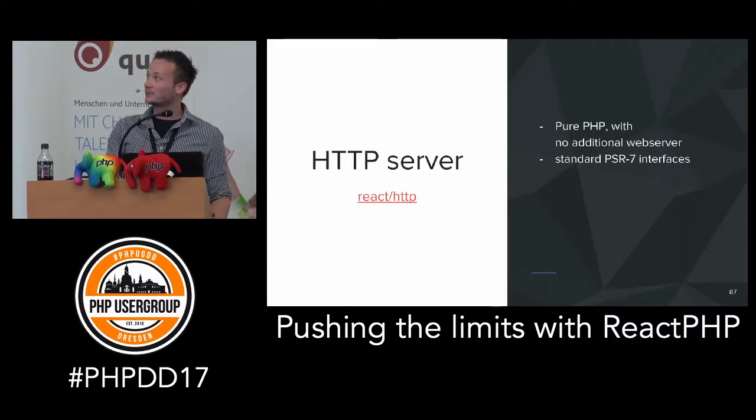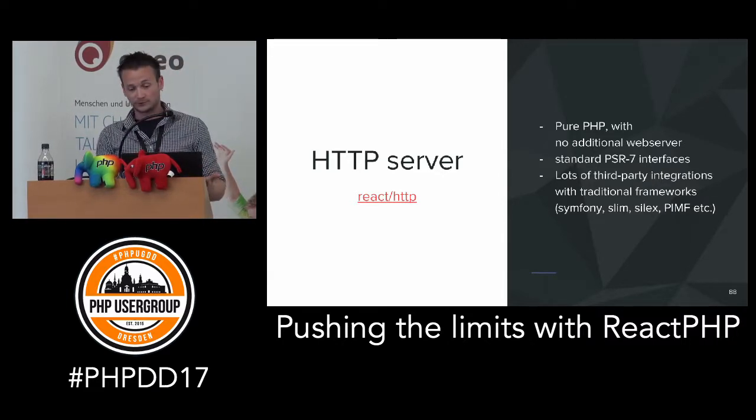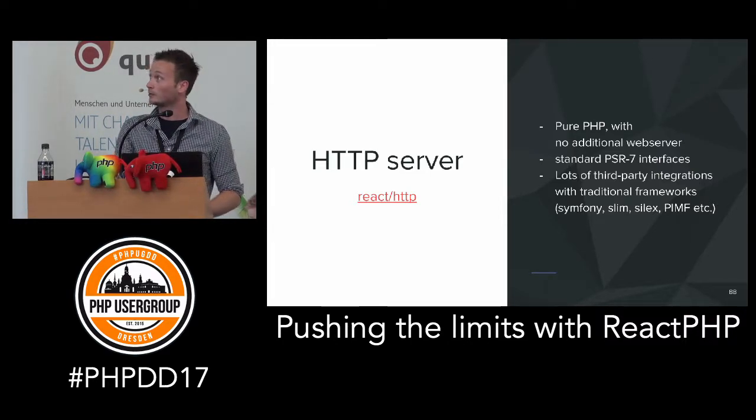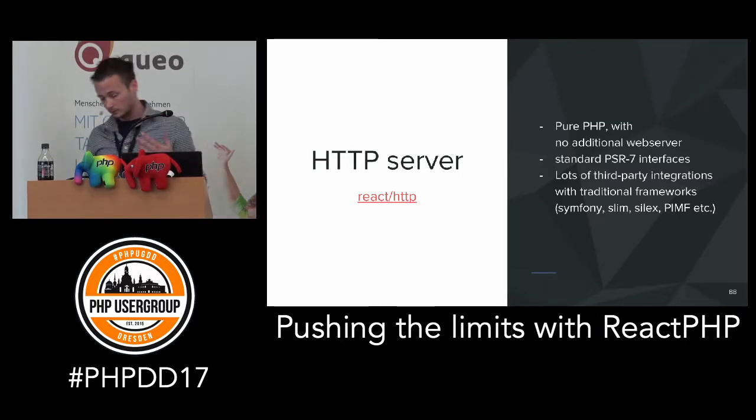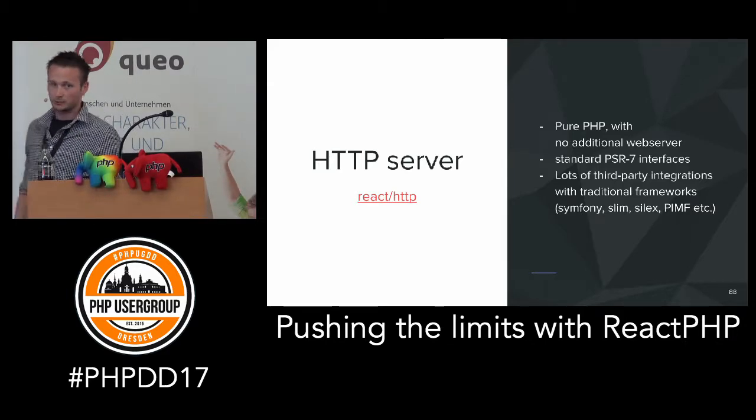This server has lots of third-party integrations into existing frameworks, so you can start using it. I don't recommend using this as of yet because it's still under active development, but it's quite cool to give this a spin. And so, what kind of benchmarking results could we possibly expect from an HTTP server?